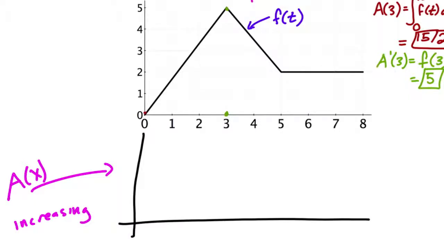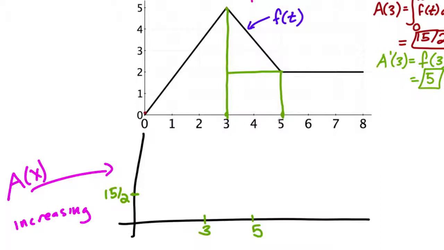Okay, so we know that at 3, the value is 15 halves. I'm going to just label this 15 halves. And then at x equals 5, if I find the area from here to here, why don't I just make that into those two little shapes.